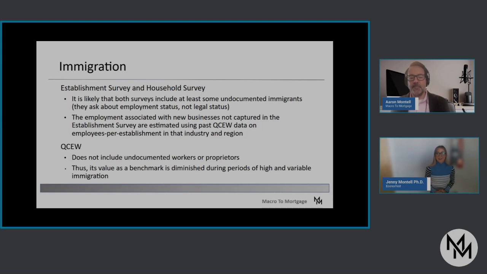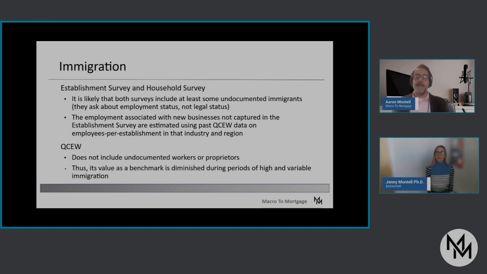Perfect. Exactly right. One other thing to note is that employment associated with new businesses that don't get captured in the establishment survey is estimated. So BLS does try to account for employees of these new businesses using past QCEW data on the number of employees per establishment in that industry and region.